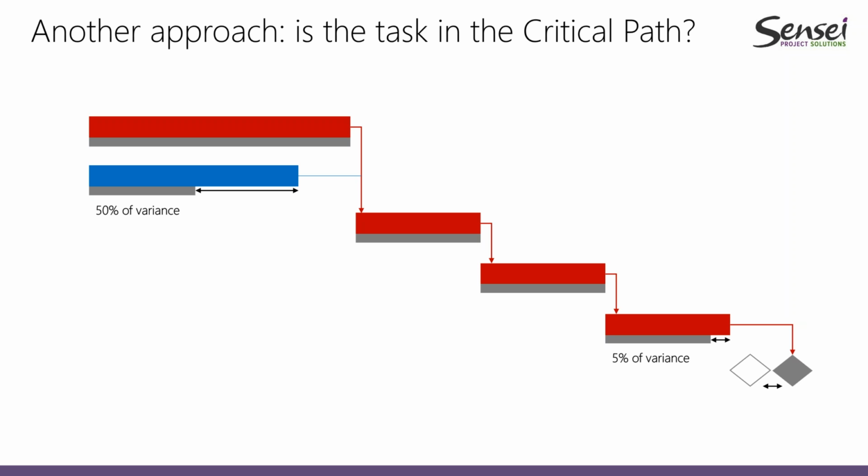It's only 5% of variance. However, that particular 5% of variance is pushing our schedule ahead. If this happens, it's not going to allow us to deliver our project on the date we have planned, and that should be red. 50% of variance in a non-critical task would be something we can manage.